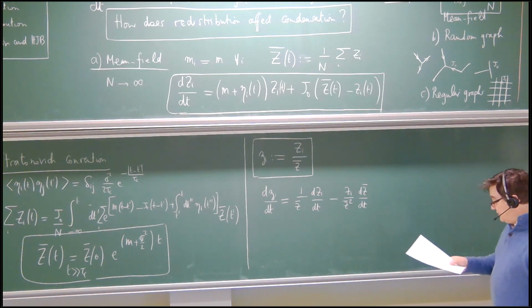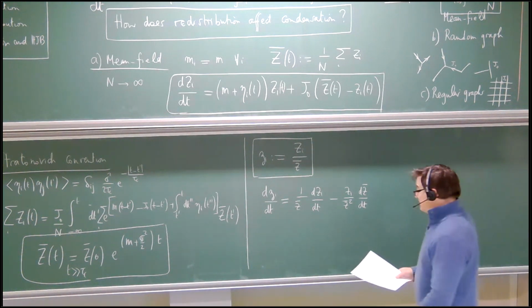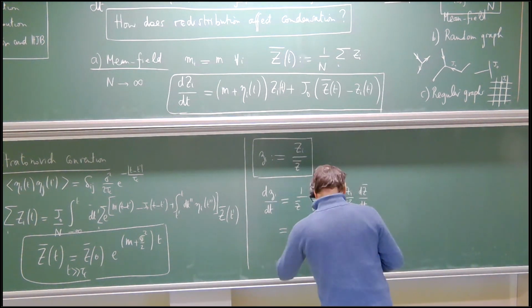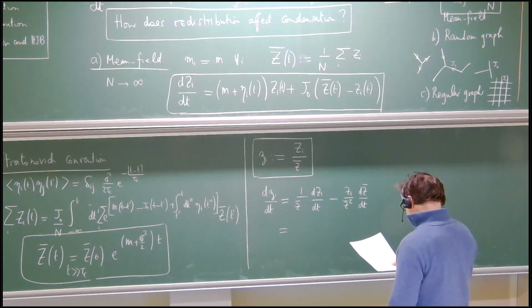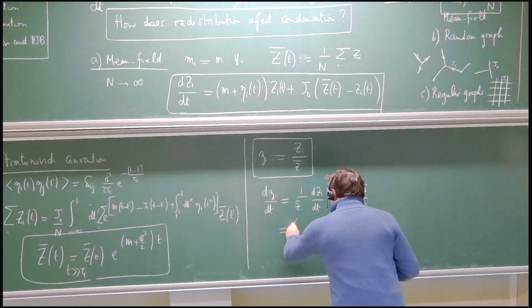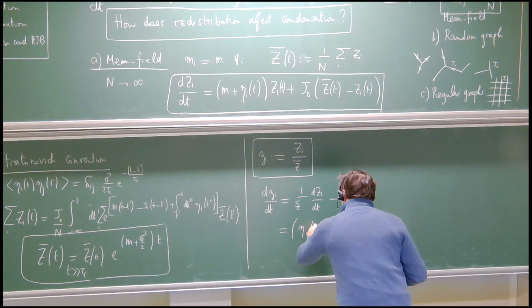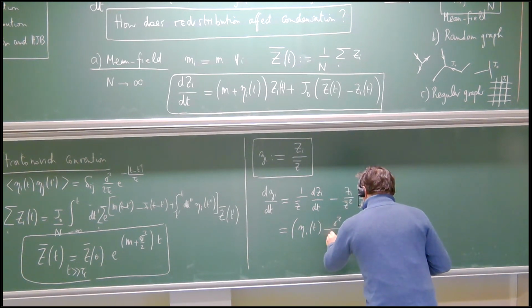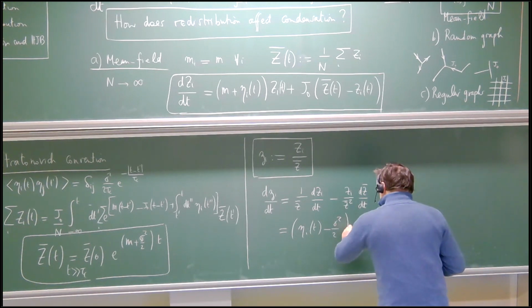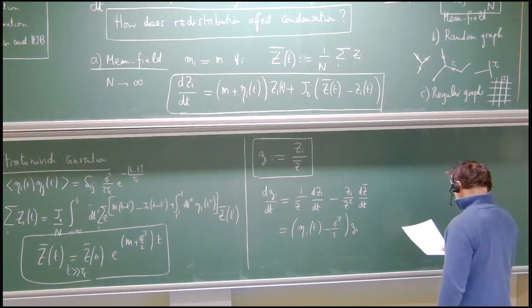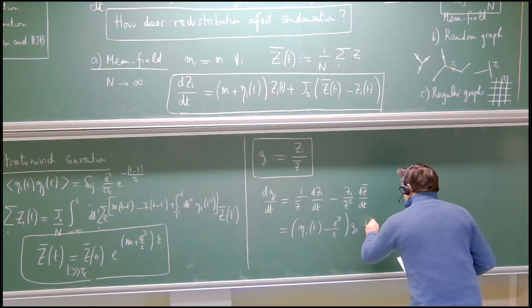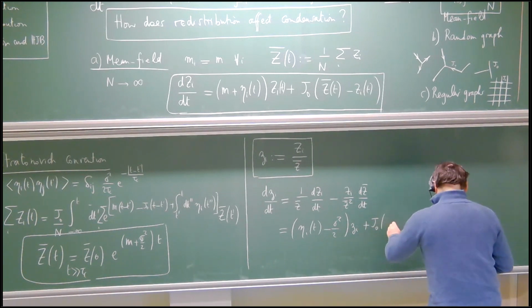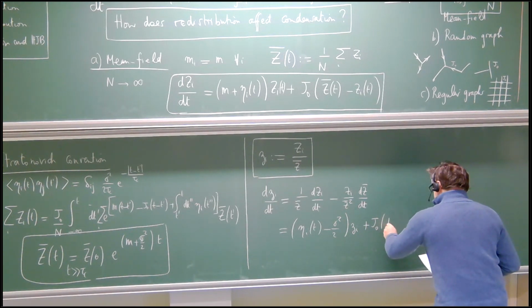And so finally, what you get is an equation for dZi/dt, which is eta i of t minus sigma squared over 2 Zi plus J0 times 1 minus Zi.